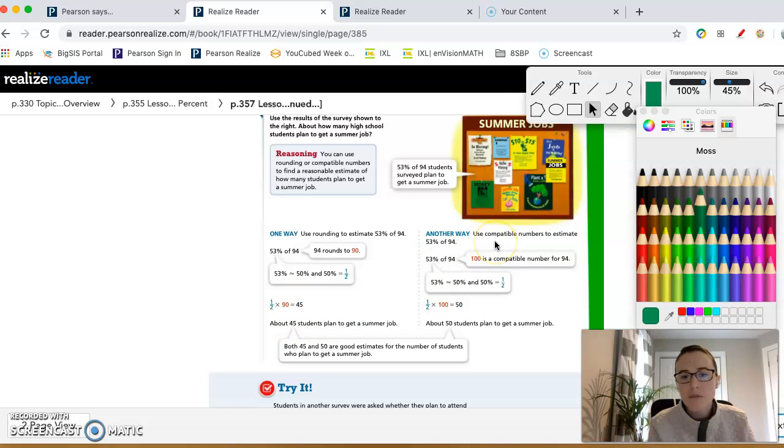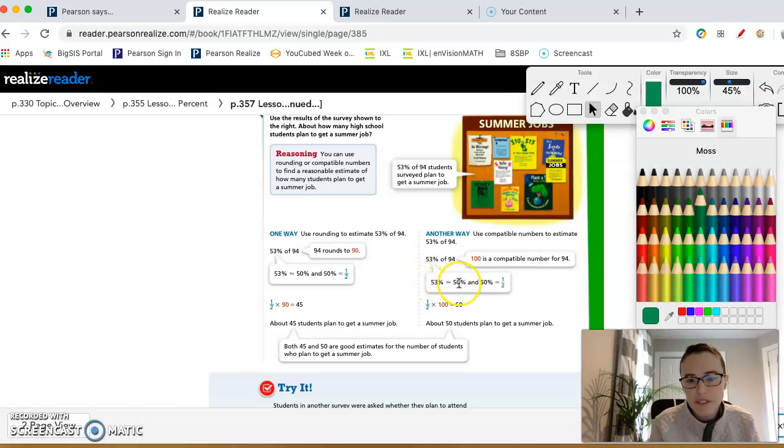Another way is we could use compatible numbers. Here, instead of thinking, how am I going to calculate 53% of 94 as it stands, I'm going to round this to 100, because when we're talking about percent, 100 is a beautiful number. So 100 is a compatible number for 94. As for 53%, I'm not even sure why they would round this.